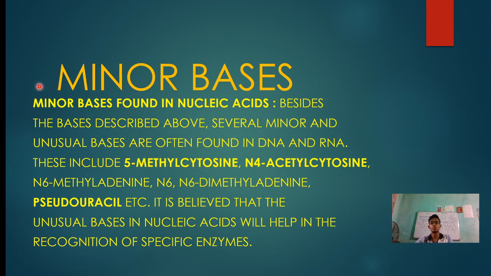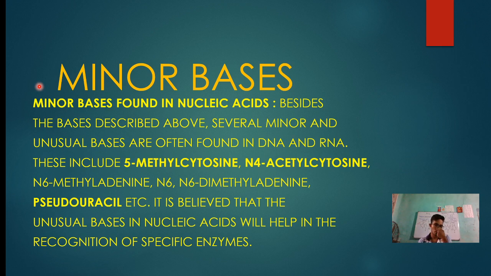Let's discuss minor bases. Minor bases are found in nucleic acid besides the major bases, and they are like 5-methyl cytosine, N4 acetyl cytosine, N6 methyl adenine, N6 dimethyl adenine, and uracil.